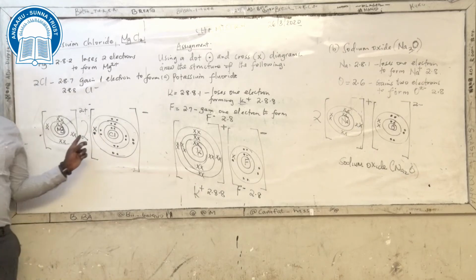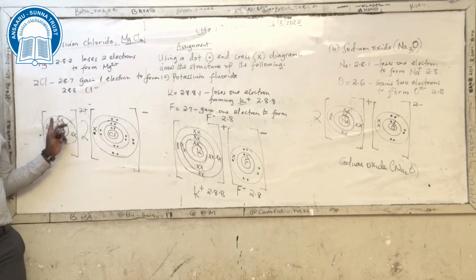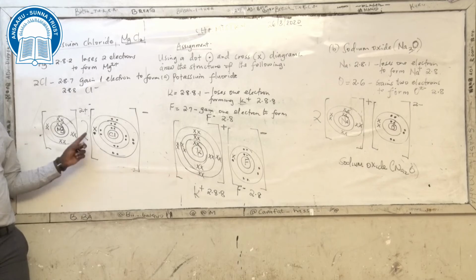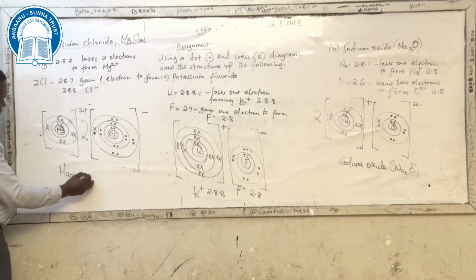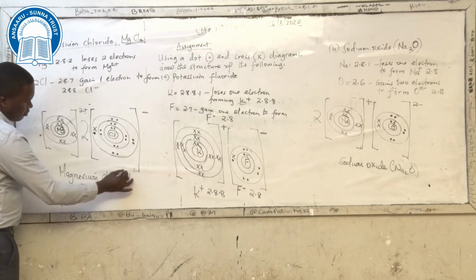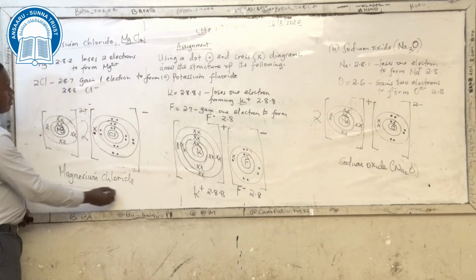So when you write these 2, then it means that the 2 electrons from magnesium will be gained by 2 chlorine atoms. So there are 2 of these ions. That's what this number symbolizes in structure and bonding. And therefore this is the magnesium chloride.